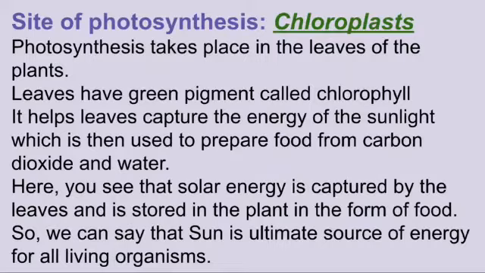So here you can say the solar energy is captured by the leaves and it is stored in the plant in the form of food. So who is going to trap? The chlorophyll will trap the sunlight energy and convert it into chemical energy. We can say that the sun is the ultimate source of energy for all living organisms.